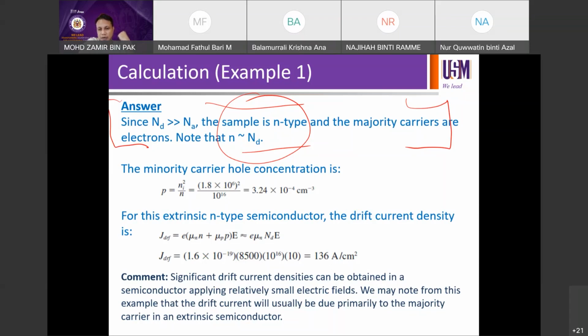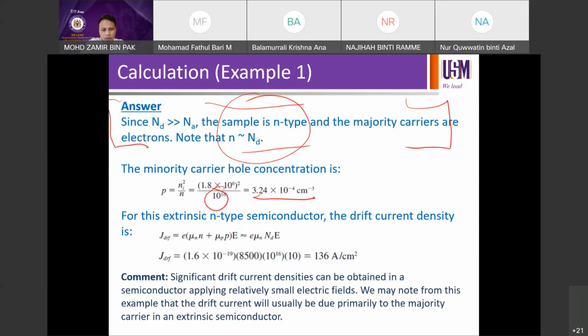If it's 90%, then you have to replace the denominator with 9 times 10 to the 15, right? Unless otherwise stated, if nothing is said, assume 100% ionization. Or you may want to write, assuming 100% ionization, therefore, and so on. So therefore, your P is 3.24 times 10 to the minus 4 per centimeter cube.